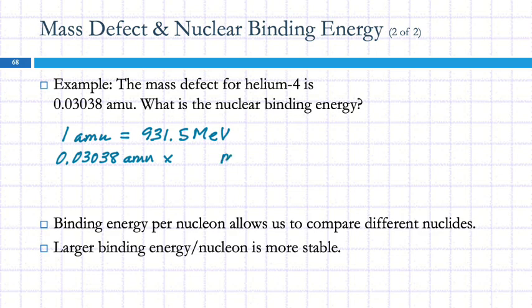So we put mega electron volts on top and atomic mass units on the bottom. 931.5 to 1. 0.03038 times 931.5. 28 point, so we got 4 sig figs. 29897.